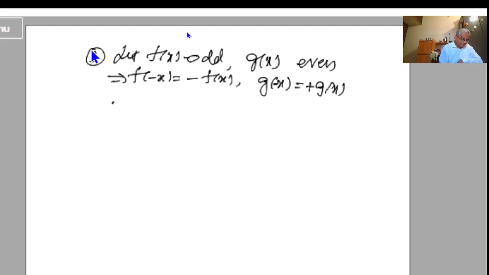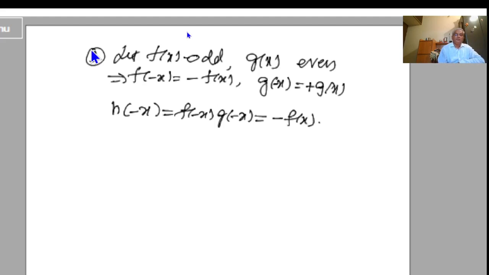Now here h(-x), where h(x) is equal to f(x) times g(x). This is equal to f(-x) times g(-x). As f(x) is an odd function, f(-x) is -f(x) and g(-x) is just g(x). So this is equal to -f(x) times g(x). This is nothing but our h(x).